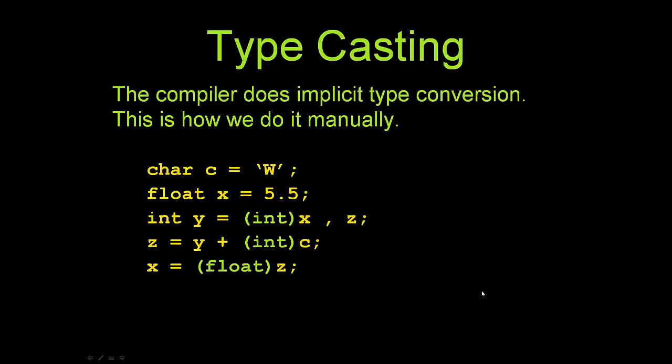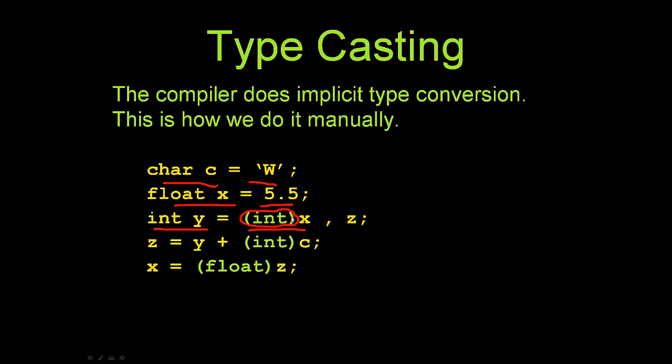Okay, so next, the C compiler will do typecasting for you. So basically, if you do, for example, char c is 'w', and then float x is 5.5. If you do int y equals x, okay, then essentially you will typecast your 5.5 into an int. Okay, so it becomes 5.